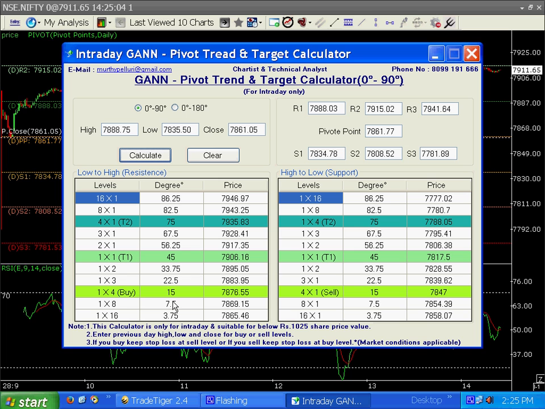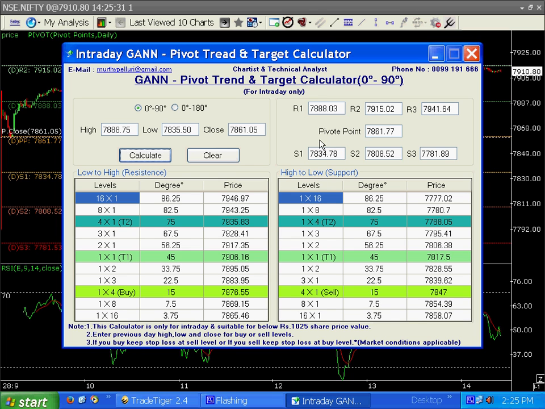Here the first target is 45 degrees, T1, that is 7906, and after that 56.25 degrees 7917 and 7928. What we have done here is taken the high, low, close, and on the right side above we have the pivot point and then resistance 1, resistance 2 and resistance 3.